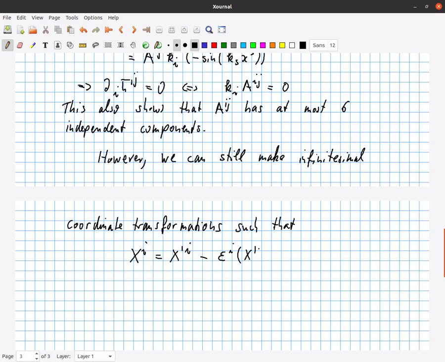These are coordinates, functions of the prime coordinates with, this is the crucial bit, box epsilon^i equals 0.